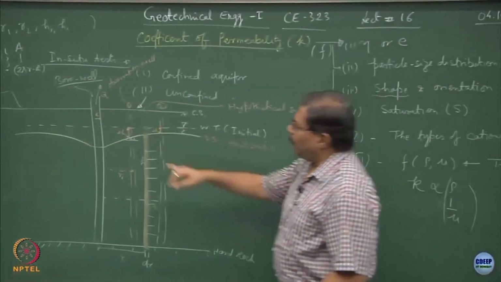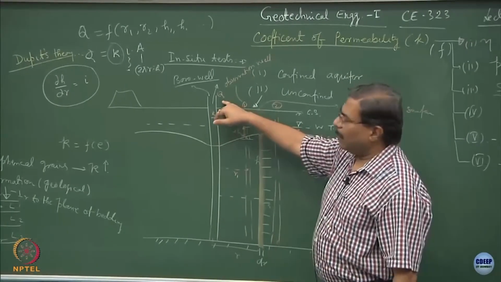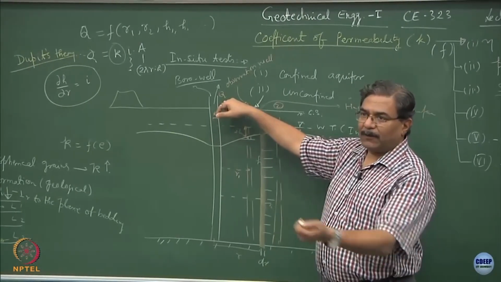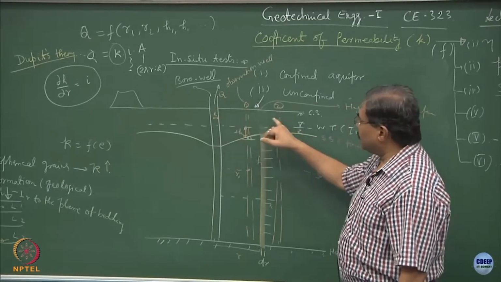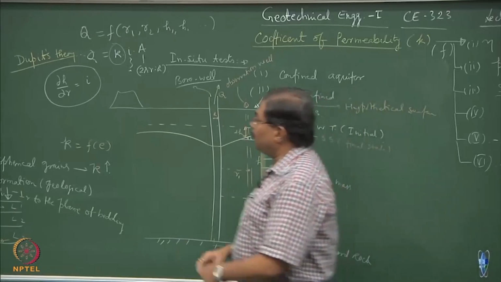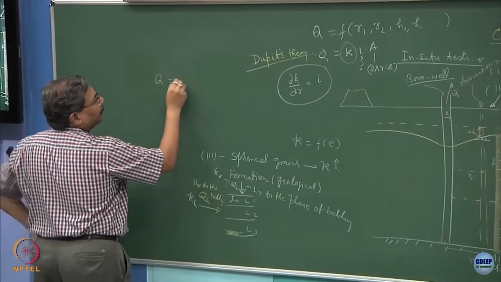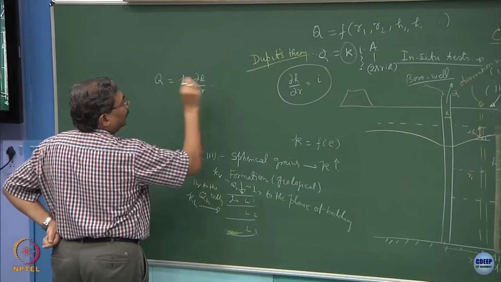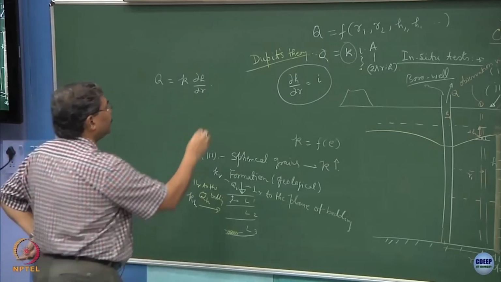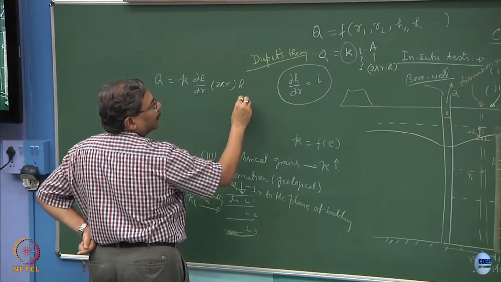Now, what do we know? We know the value of Q because the moment I start the pumping out test, I know how much volume of water I have taken out per unit time. So, Q is known. I have two observation wells. Why? Because if you substitute these values over here, you will realize that this is going to be a quadratic equation. So, Q equals K into del H upon del R multiplied by 2 pi R into H, okay.